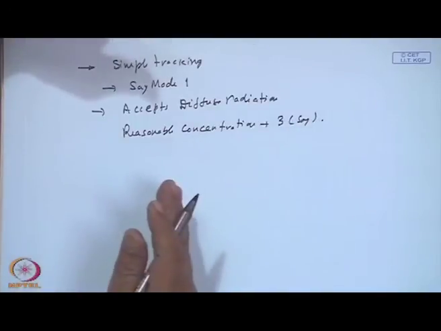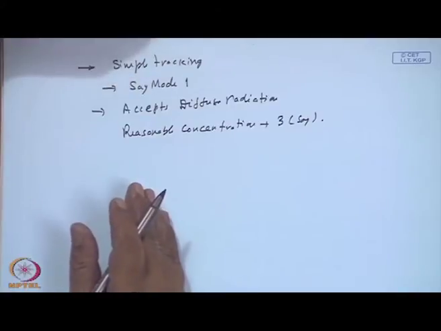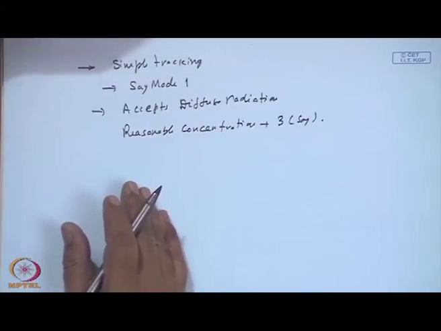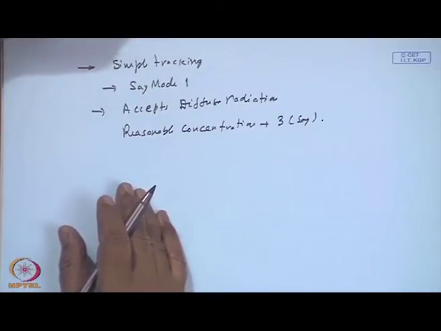Now, if you go for a very high concentration ratio with a so called compound parabolic collector, then your acceptance angle will become less and less. Consequently, it will not be accepting a lot of solar radiation entering beyond those angles.